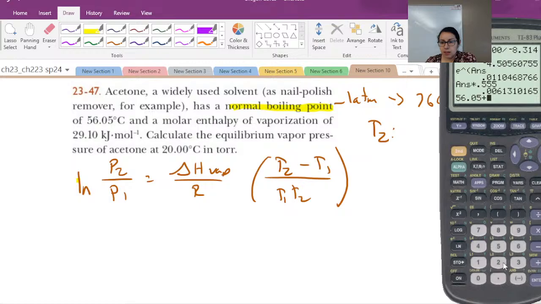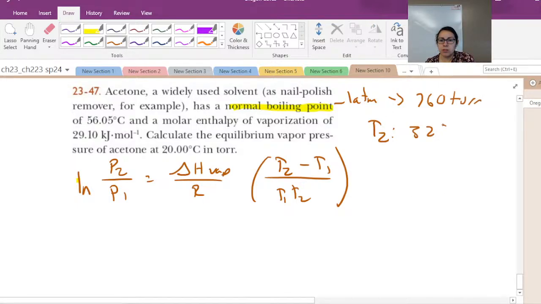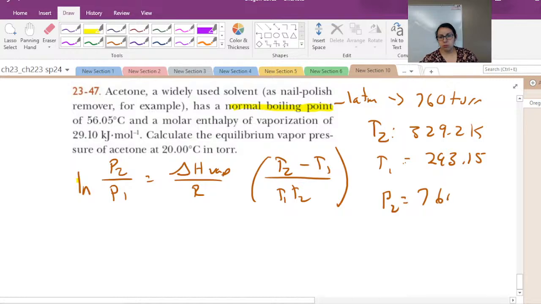Adding 273, our T2 is 329.2 Kelvin. T1, where we're trying to find it, is 20, so 293 Kelvin. Our P2 is the 760 torr, so we're trying to find P1.